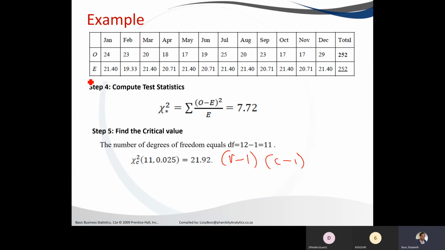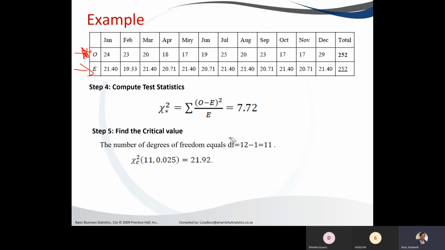Remember, not including the expected value. We only have 1 row of the observed values, and we have 12 columns. Oh, sorry, my bad. We only say C minus 1. We don't consider the row, sorry. We consider the columns only.